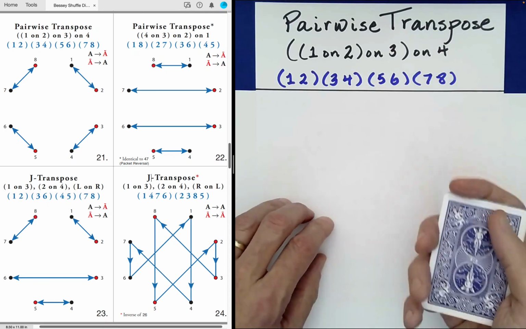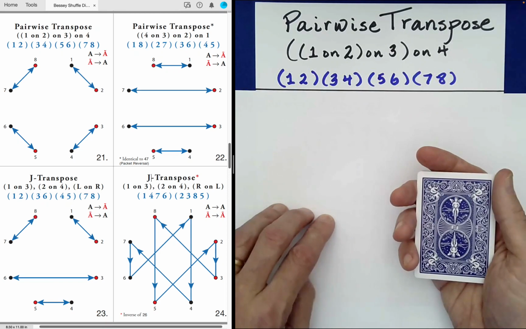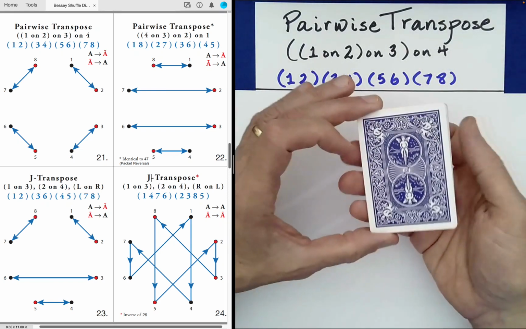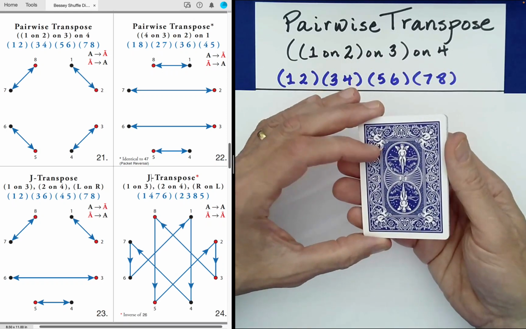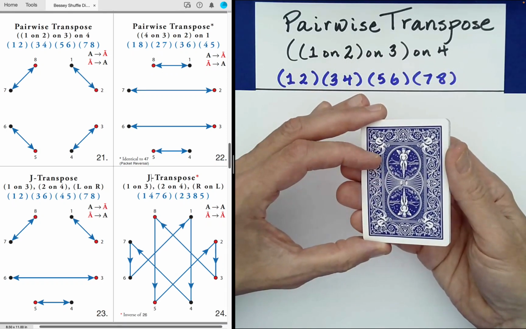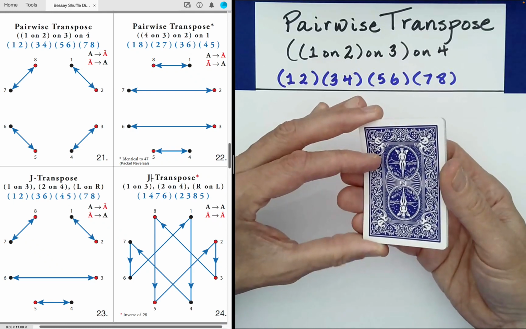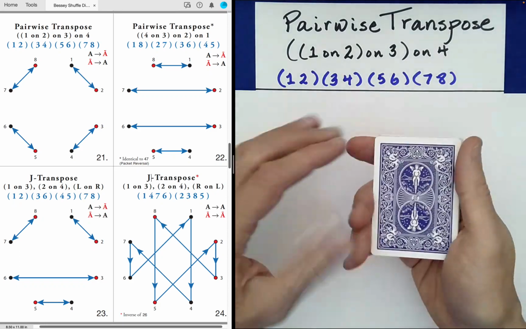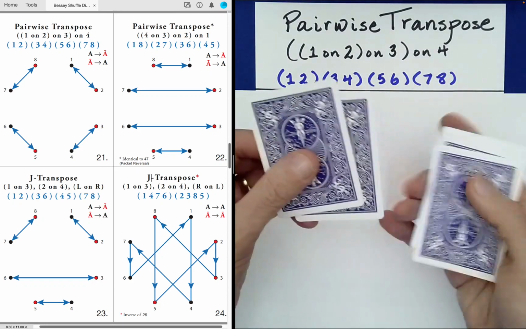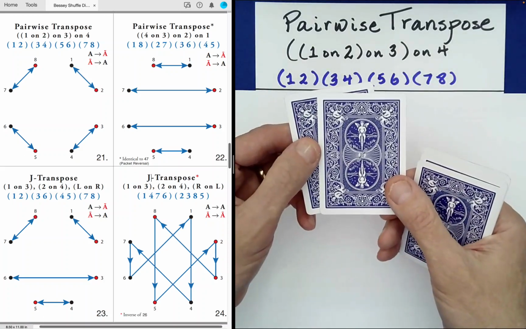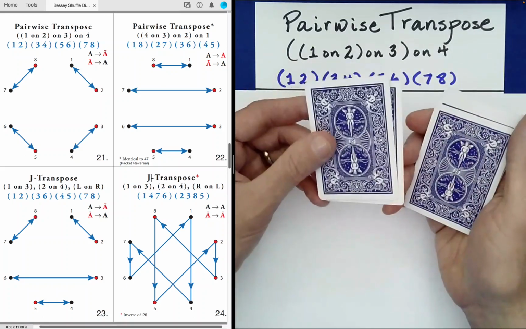Let's go ahead and show you the pairwise transpose. Let me take a moment and explain the reason for the name and how there are different ways to accomplish this precise shuffle. A transpose is where if you have two things, if you change their positions or orders, that's called a transposition.